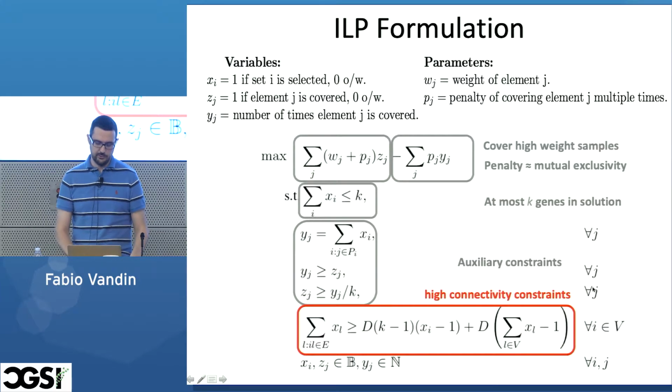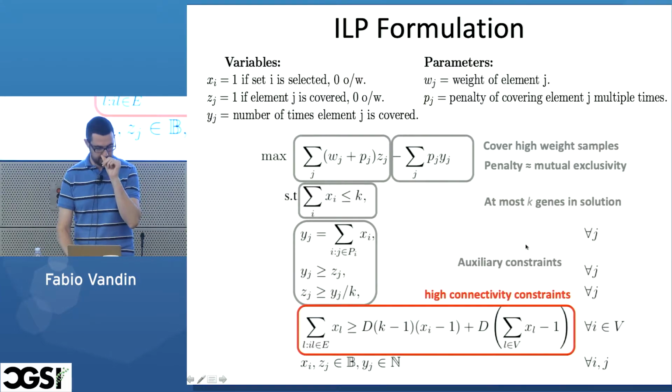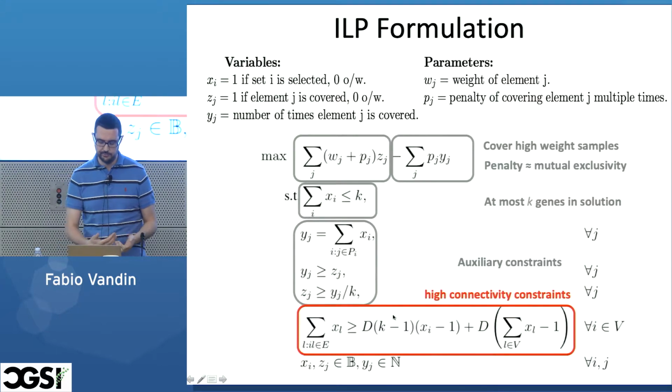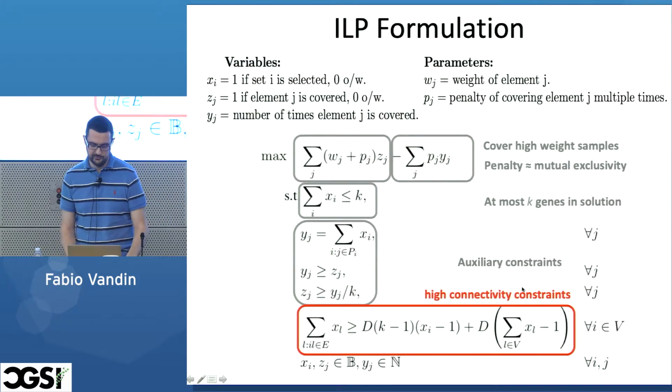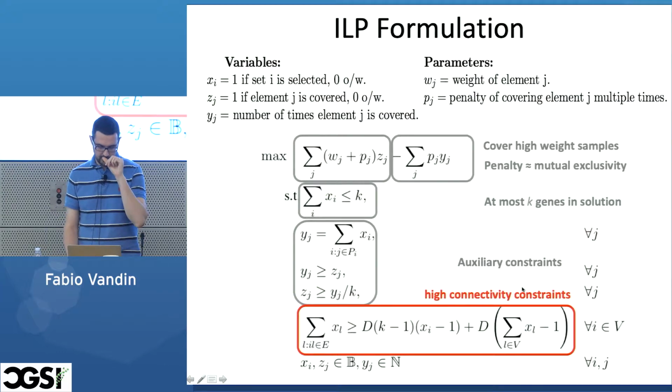In particular, we look for high connectivity constraints, and by properly setting this value d here to be at least k/2, you obtain that what you have in output is both highly connected and you preserve the connectivity of the subgraph.